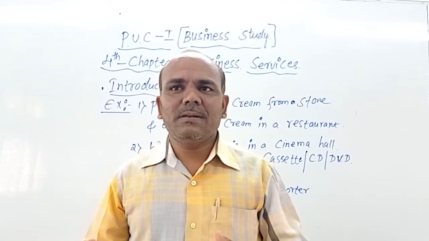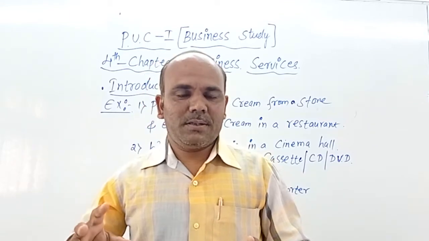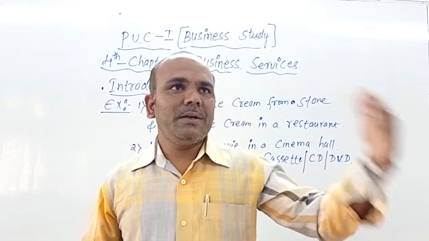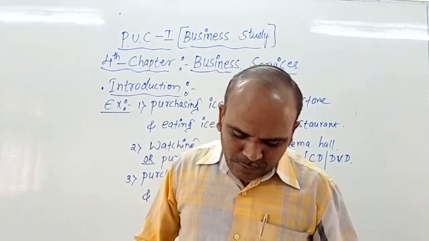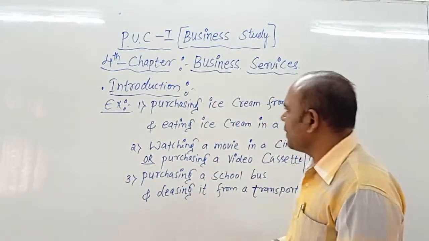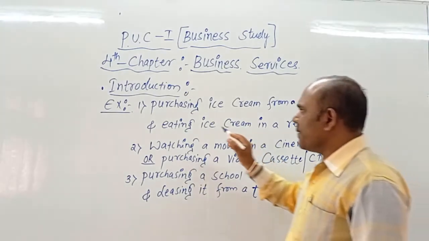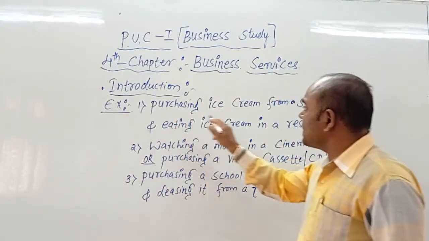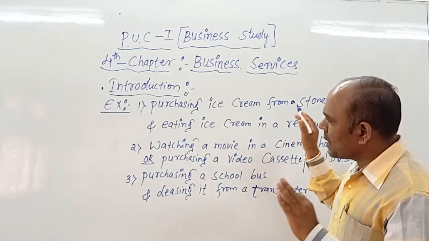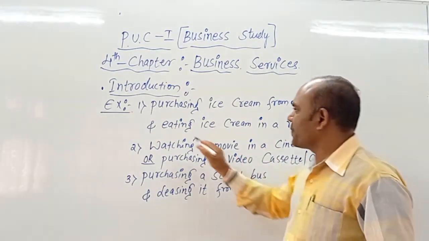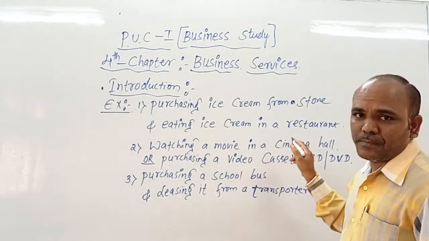What is a service, and how different is it from a physical product? A few examples of business activities are also given in your textbook. Take the first example: purchasing ice cream from a store, and the same thing, eating ice cream in a restaurant.